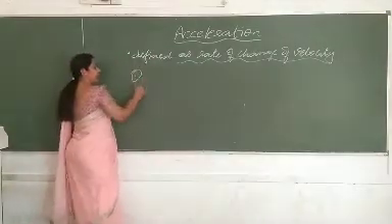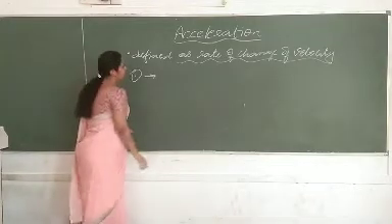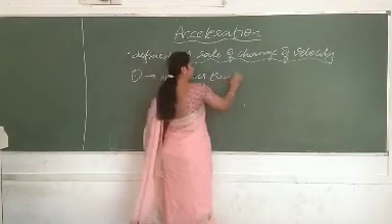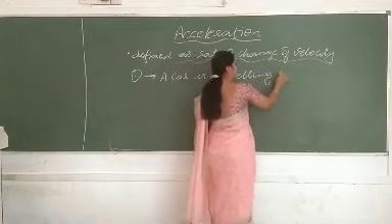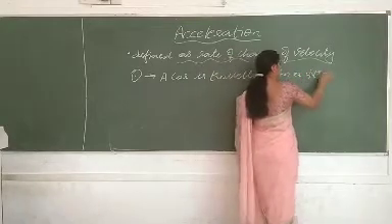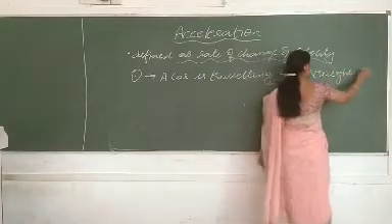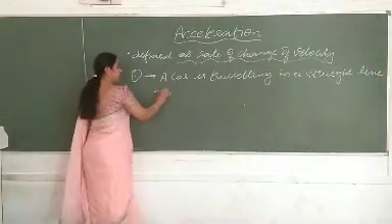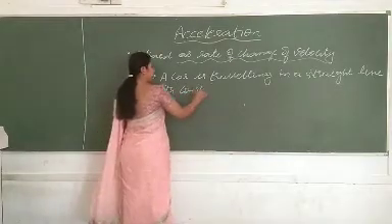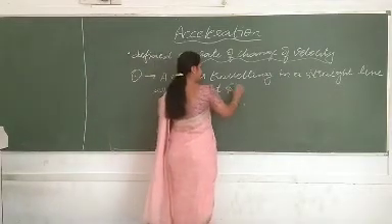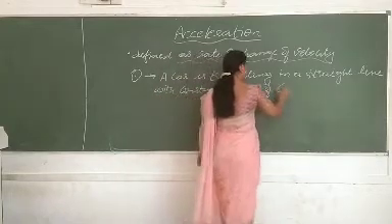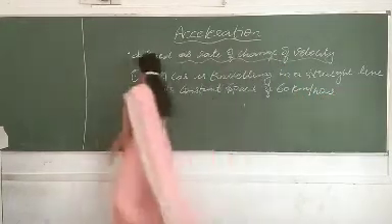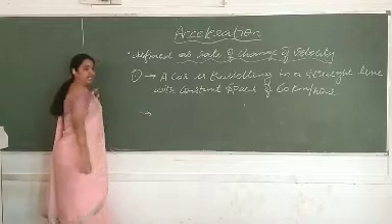In the first example, I write two sentences. In the first sentence, a car is traveling in a straight line with a constant speed of 60 km per hour. In the same example, I write another sentence.